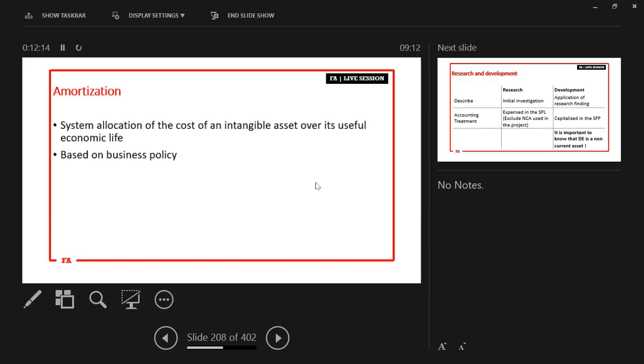So please, let us remember that. In our next slide, we want to introduce the difference between research and development.